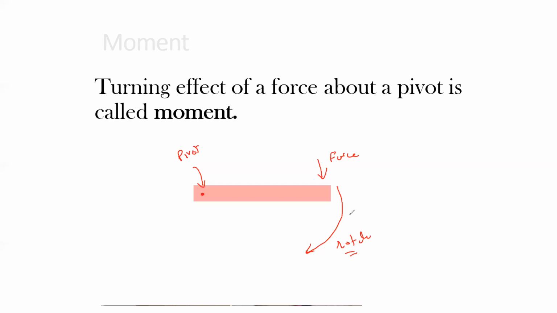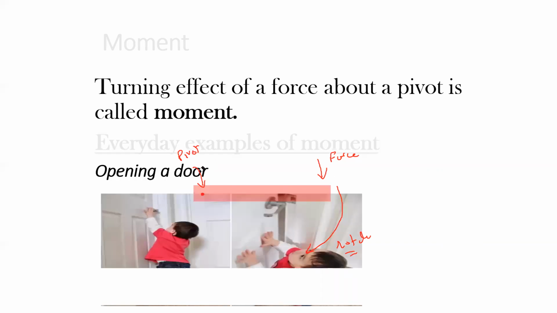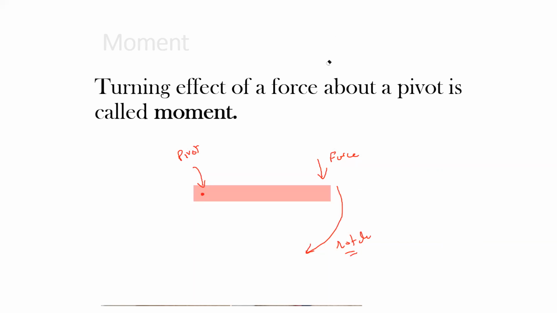When it is rotating, it can rotate clockwise, the same direction in which the hands of a clock are rotating, or it can rotate anti-clockwise. Which direction is this object rotating, clockwise or anti-clockwise? When I apply the force, the object rotates about the fixed point, the pivot.